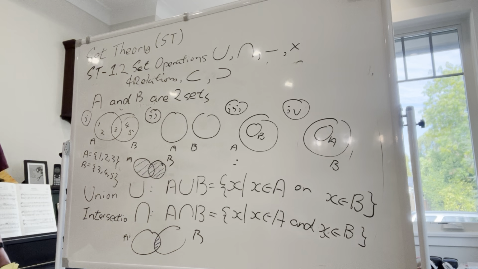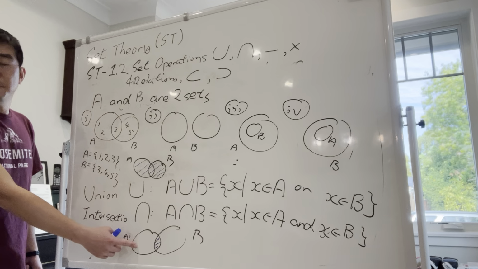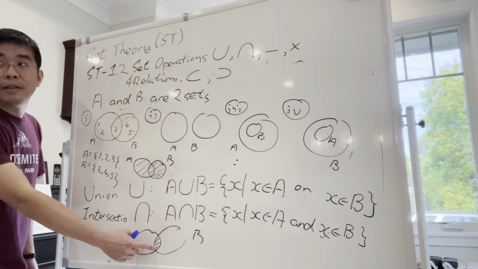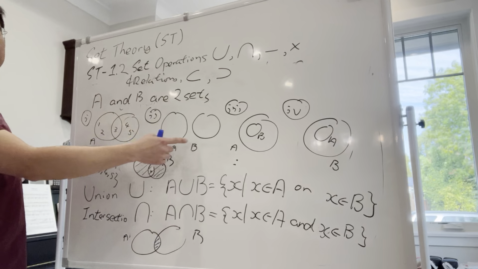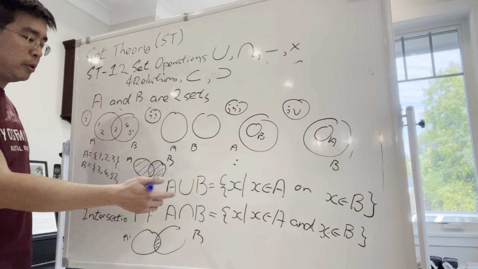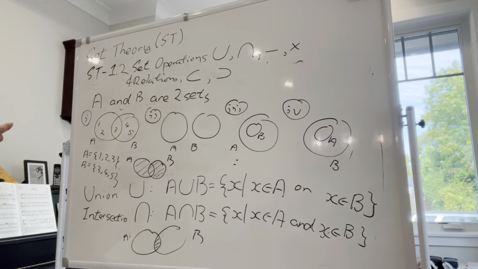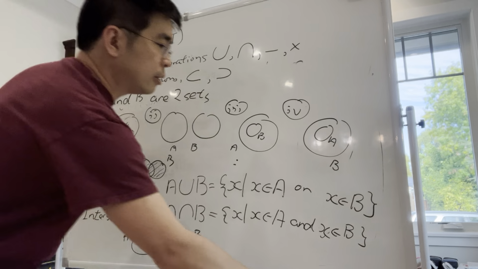So what I meant is this picture implied there has to be something here. But it is always possible that A and B are completely unrelated. So in this case, I'm going to erase and then draw it.